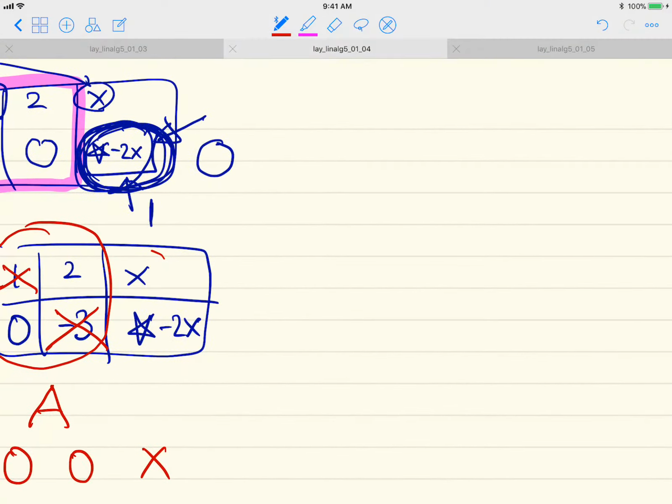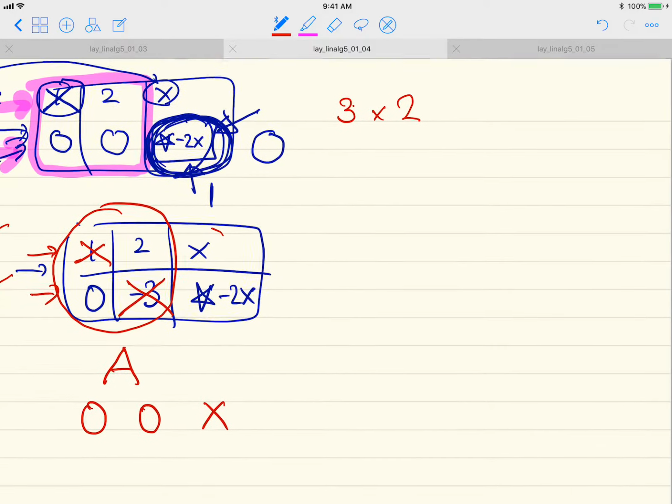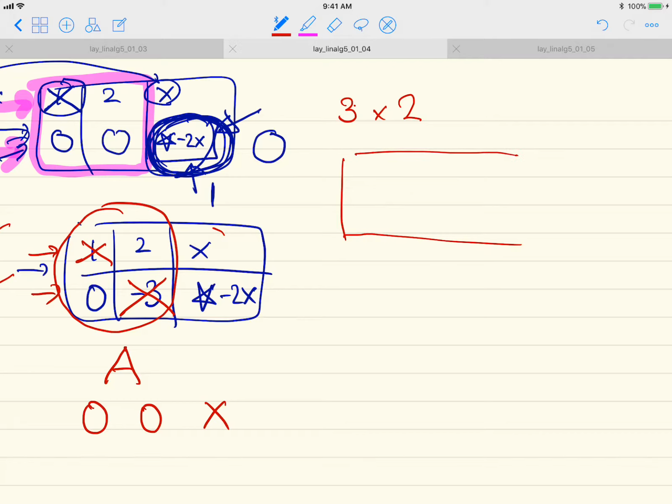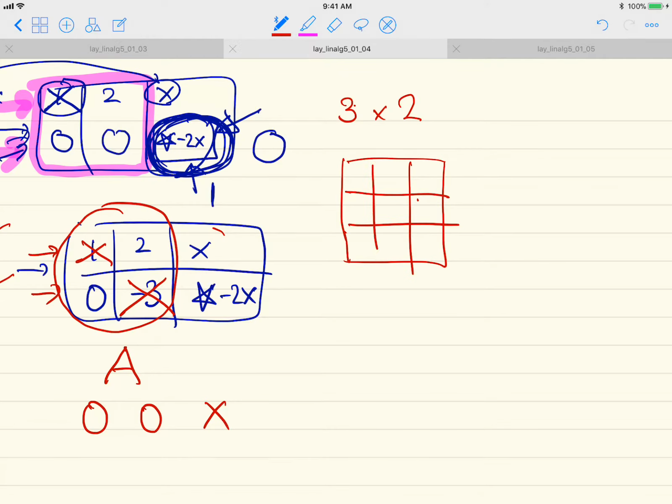So suppose we have 3 equations and 2 unknowns. In this case, we will have this augmented matrix, right? And then the coefficient part will be this part. So in this case, can we think about the case where we always guarantee the solution regardless of any vector b here?